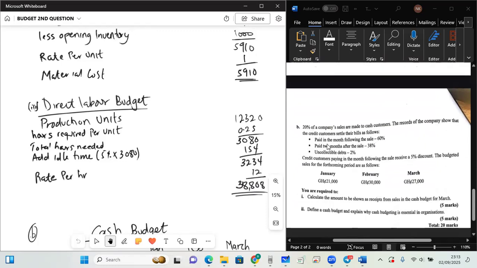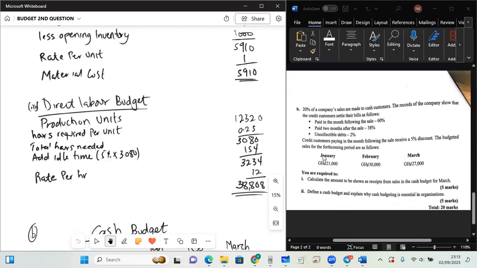In the month following the sale, they pay 60%. Then 2 months after the sales, they pay 38%, and then 2% becomes uncollectible, meaning more or less like a bad debt. Creditors paying in the month following the sales receive 5% discount.